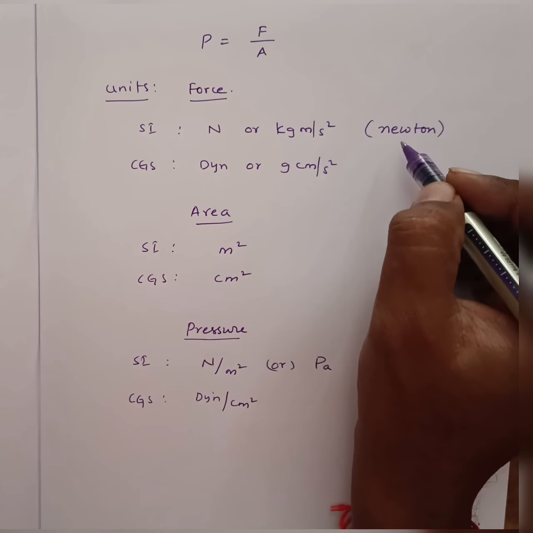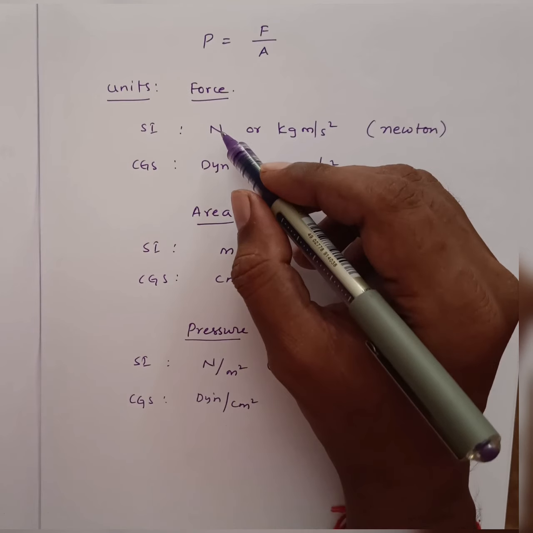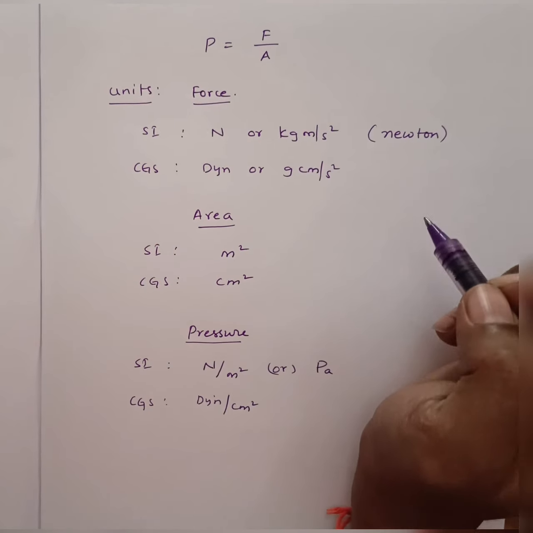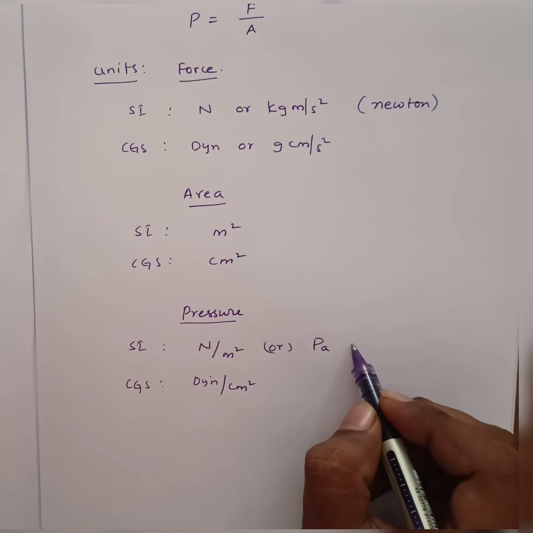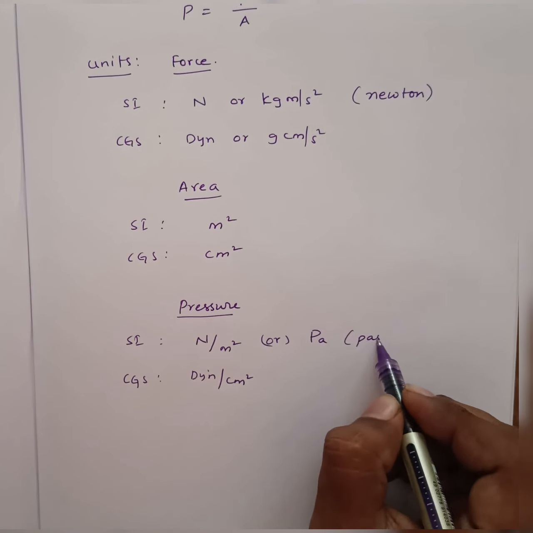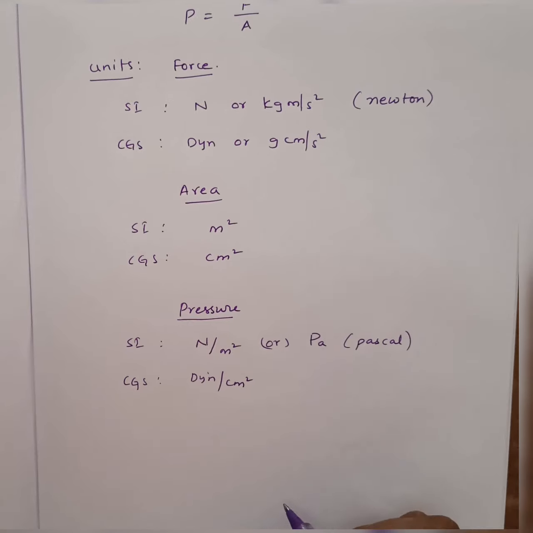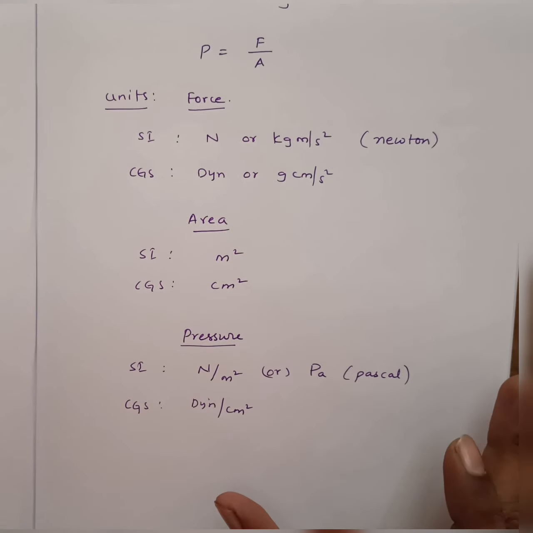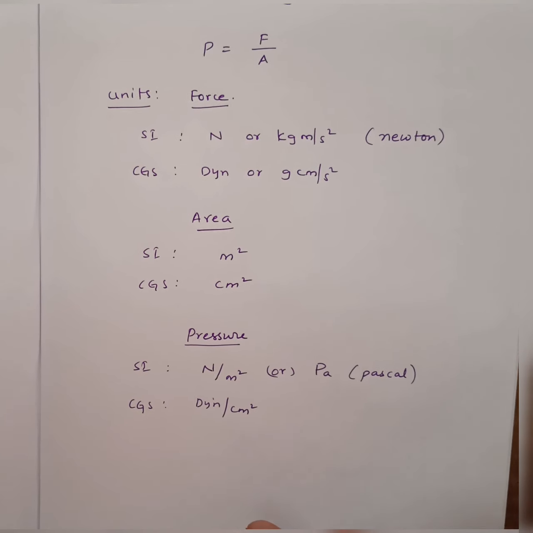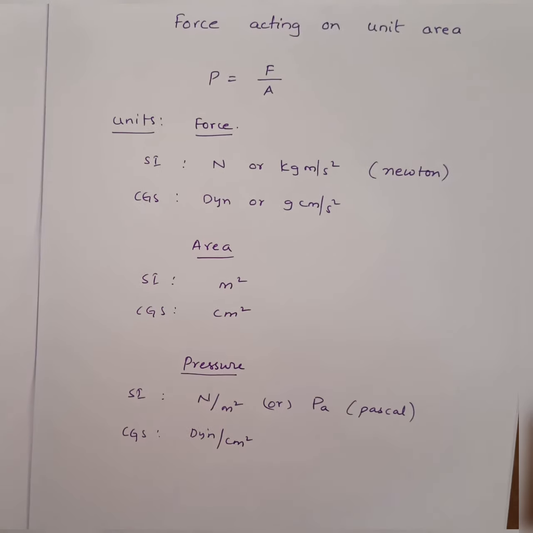But for scientist names as units, symbol capital, complete name small. Here Pascal, P capital. If I write completely, p small. This is about pressure. Don't think that I am teaching completely. I am covering only basics which are needed for learning 9th class.